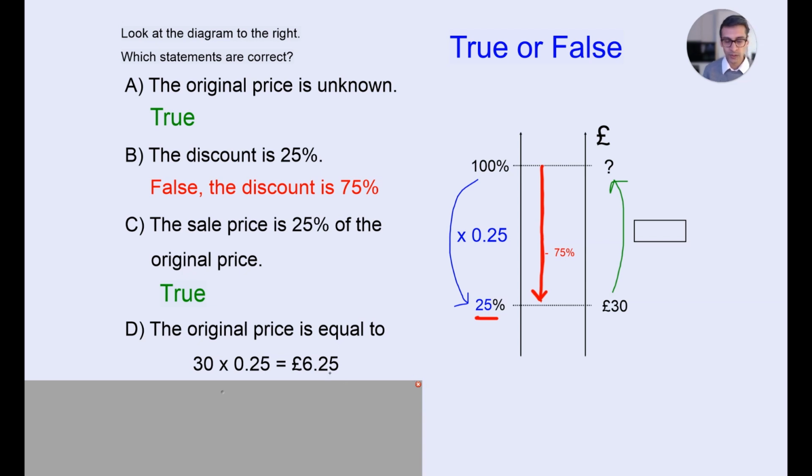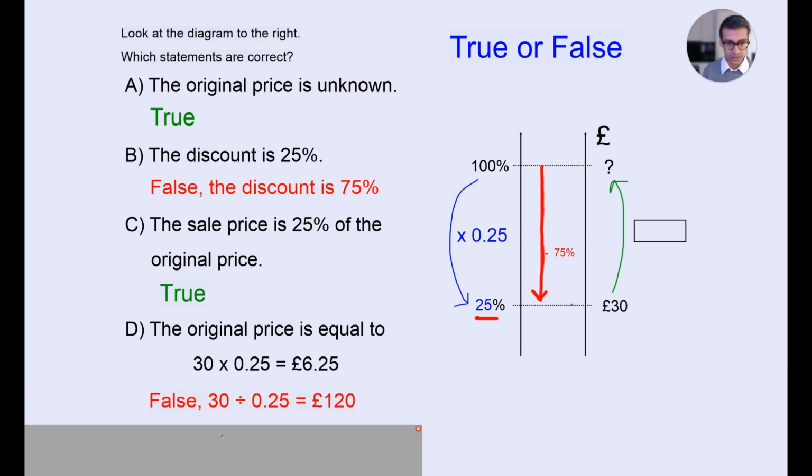Is that true or false? So here, this is an easy one to get wrong. So actually, it's false because it should be divided by 0.25 because you're going in the opposite direction. So in this case, remember, to work out 25%, you multiply by 0.25, and then to do the opposite, you divide by 0.25.